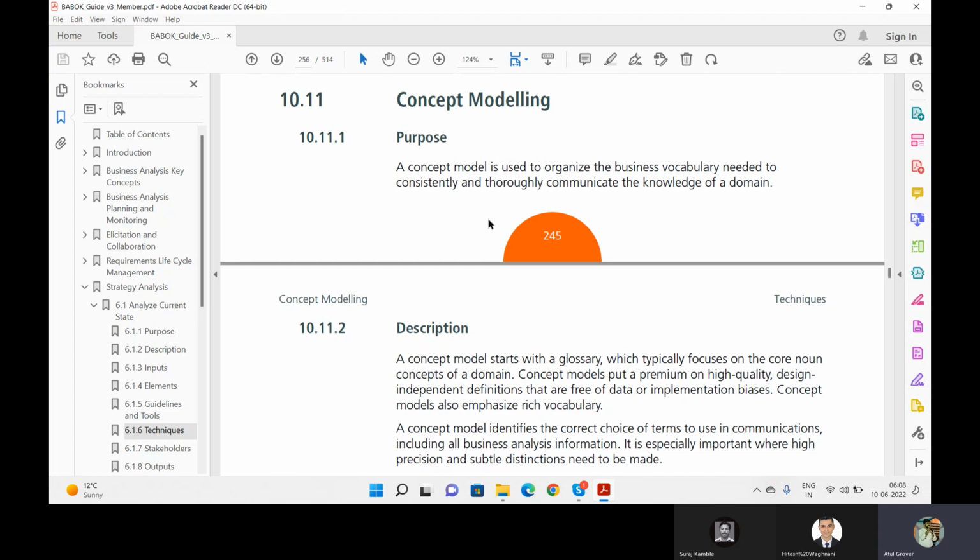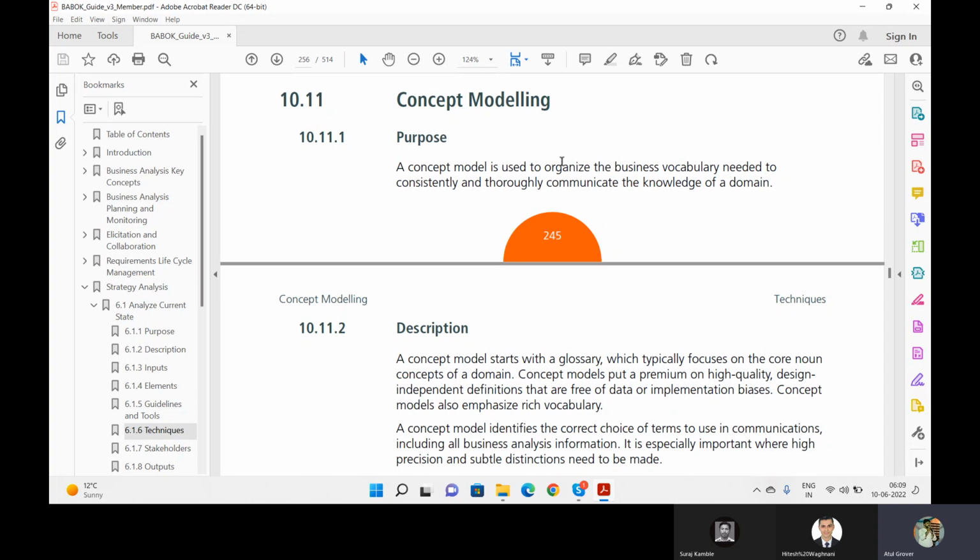So this modeling technique says that whenever you are building anything, when you're doing your current state analysis, make sure all the stakeholders use the correct word and the standard word in the discussion. तो मतलब कि this technique is basically good for people who have a good vocabulary. ये पूरा वही खेल है.